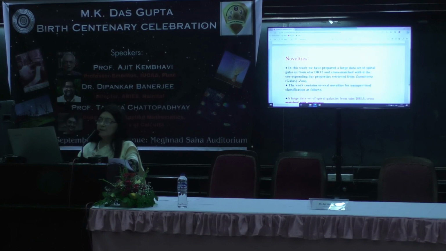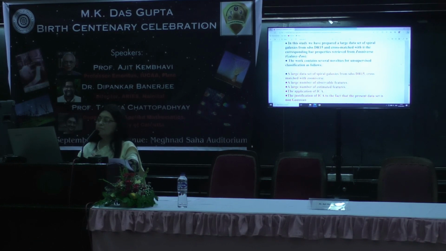So what are the novelties? In this study, we have prepared a large data set of spiral galaxies from DR15 and cross-matched it with the corresponding bar properties, because the bar properties are kept in a separate virtual archive. So we have to match those, and the bar properties are given in Galaxy Zoo.